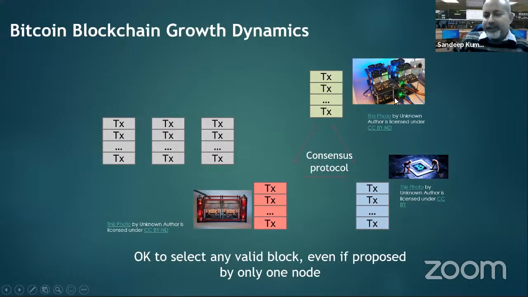Let's say I have 3 nodes here. This node has these transactions, this node has these transactions, and this node has these transactions. And they have to decide which block, the one I made, or this guy made, or this guy made, will be the next block in the blockchain, right?